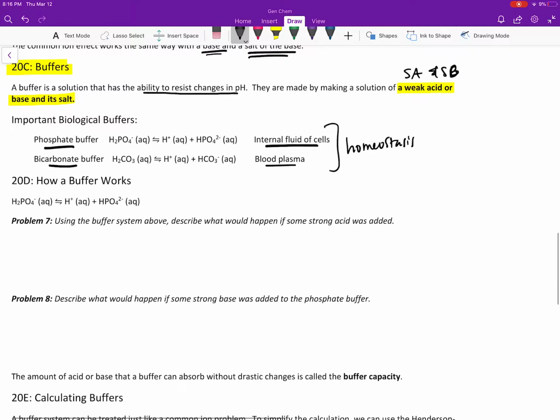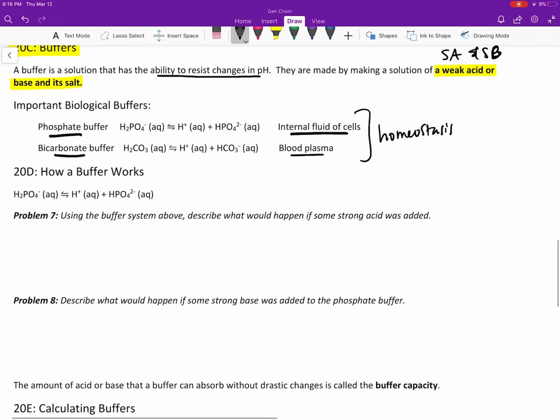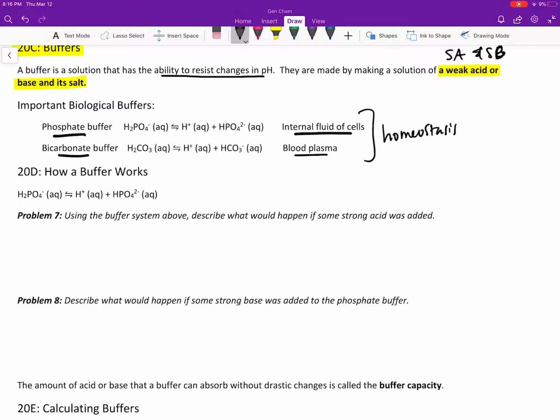So how does a buffer work? So let's take the phosphate buffer that we see above and answer some questions regarding the buffer. So the first one says, using the buffer system above, describe what would happen if strong acid was added. Well, so if I'm looking at this reaction right here and I add a strong acid, I'm essentially adding H plus ions, okay? So which side has H plus ions? Well, the product side does, right there.